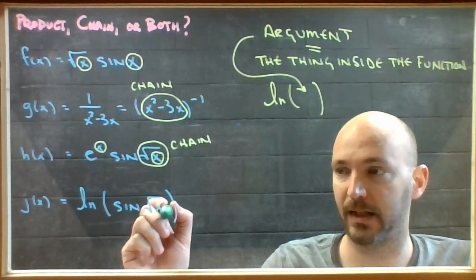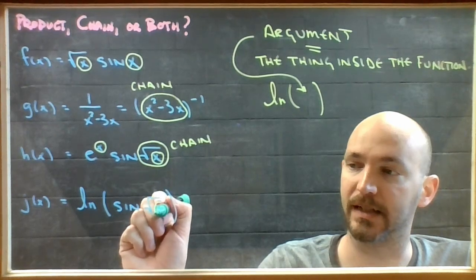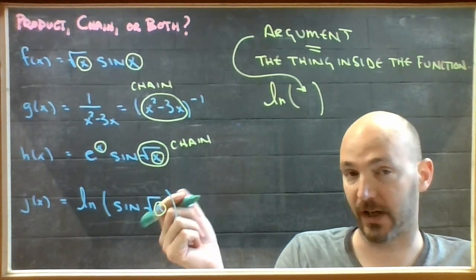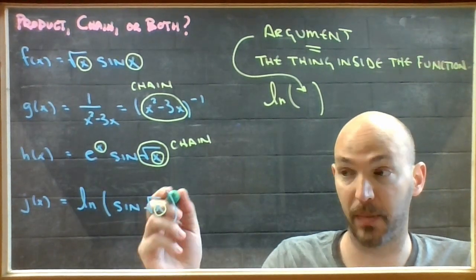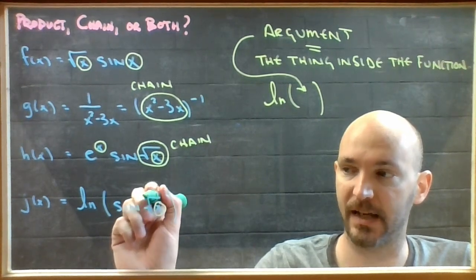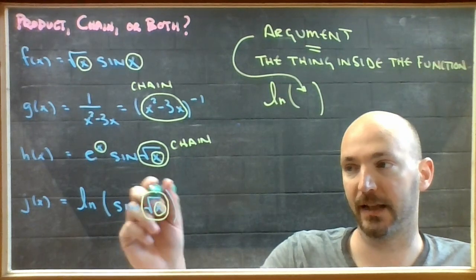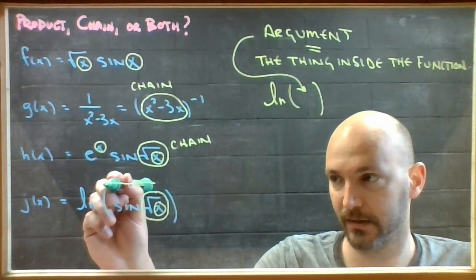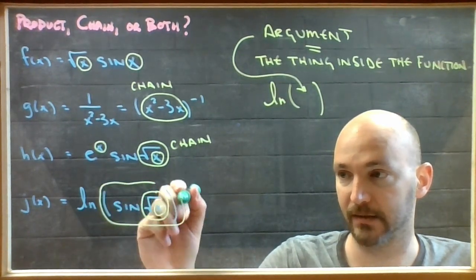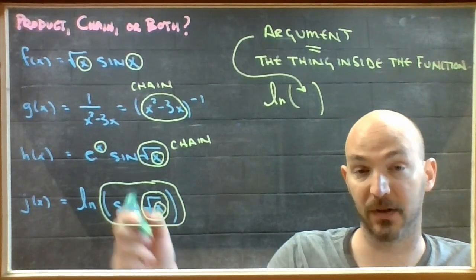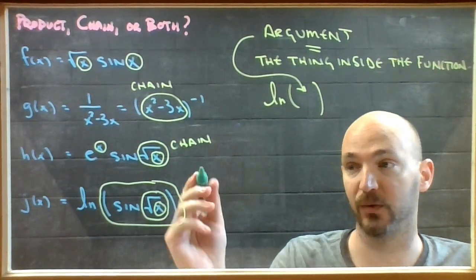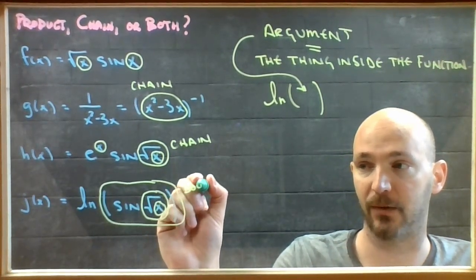Down here, the argument of the radical is an x, which I don't need chain rule for, but the argument of this sine is a square root x, which I'm going to need chain for, and the argument of this ln is a sine x, or sine root x. So I'm going to need a two-layer chain rule for that one.